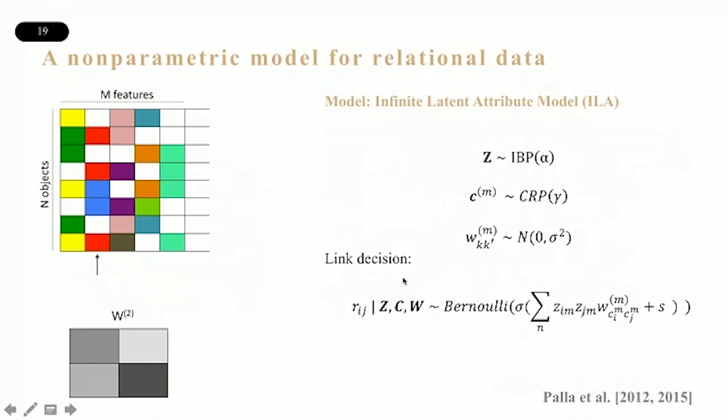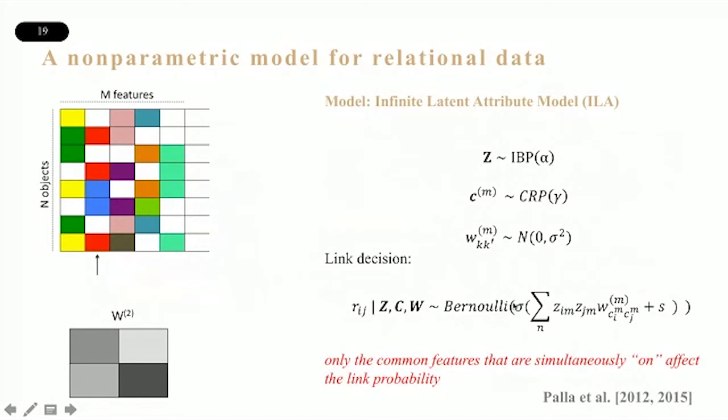The interesting part is how I design the link, and the way I decide about the link is using a Bernoulli distribution between I and J. I and J are two objects, and I give as an input a sigmoid function that says that only the common features that are simultaneously on affect the link probability.